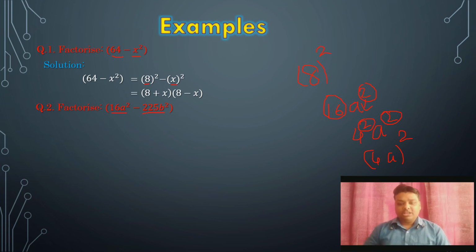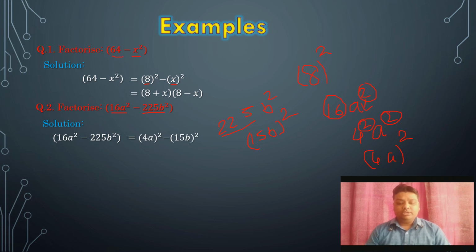In the same way, 225b square: 225 is the square of 15 and b square is the square of b. So we can write 15b to the whole square. Like this, it is 4a whole square minus 15b whole square.